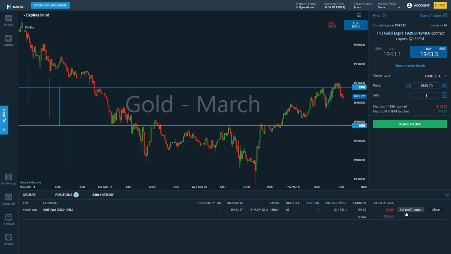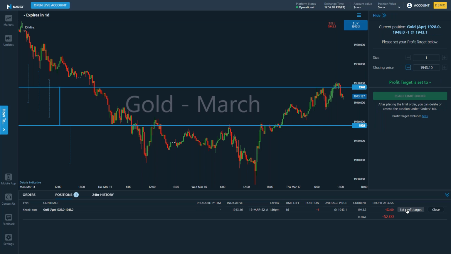But let's say I want to set a profit target. I sold it, so I want to buy it back lower. Maybe I want to take a $50 profit. You can also just type in a price. 1934.50.